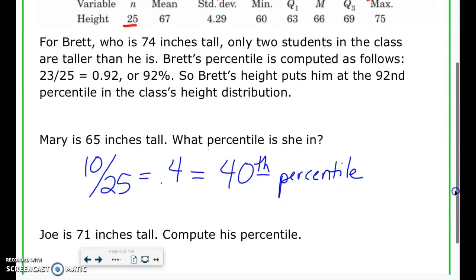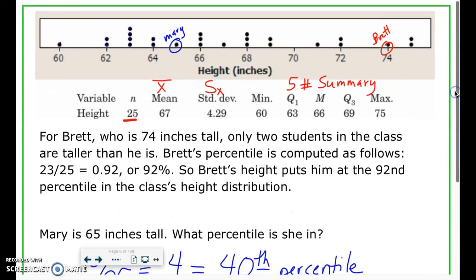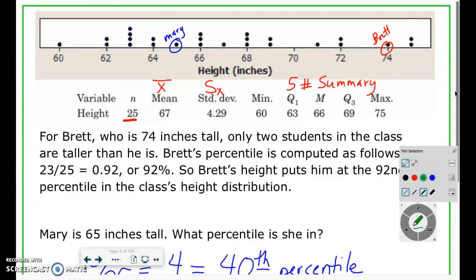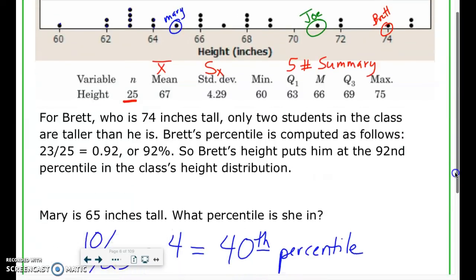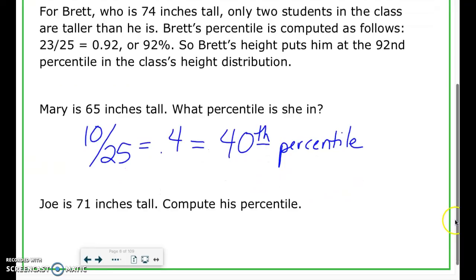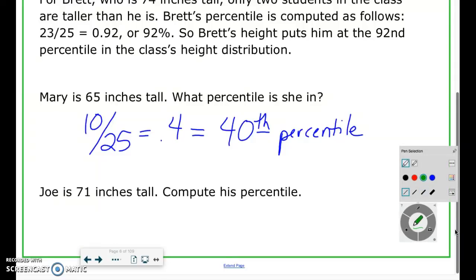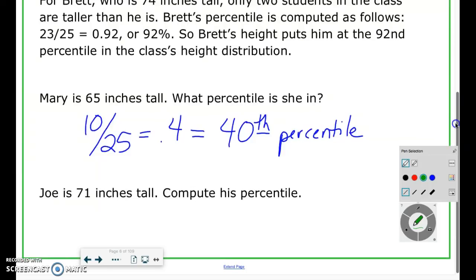All right, Joe. Joe is 71 inches tall. Let's go see where Joe is on our dot plot. Joe is going to be in, let's see, green. I haven't done green yet. So here's Joe. All right, and we need to figure out the percentile rank for Joe compared to all the other kiddos that have had their heights measured. All right, so 71. Look at your dot plot.